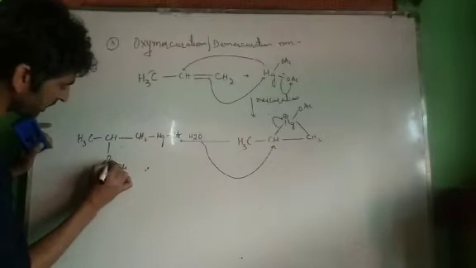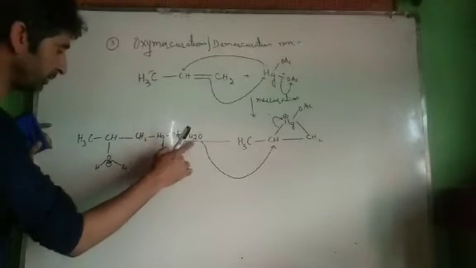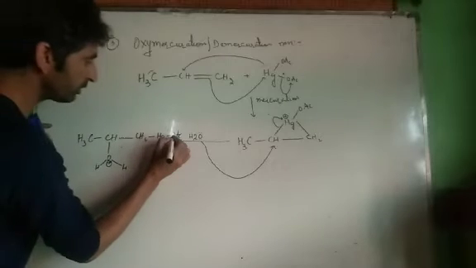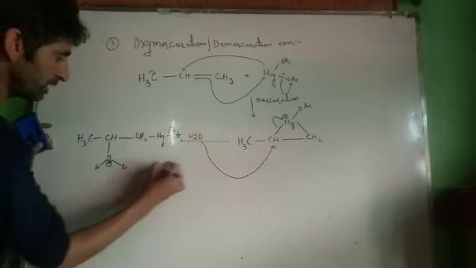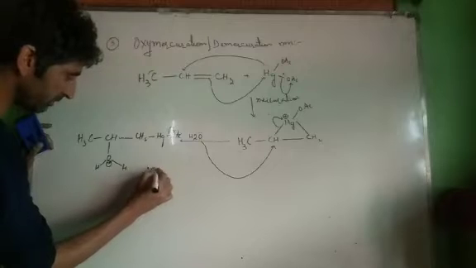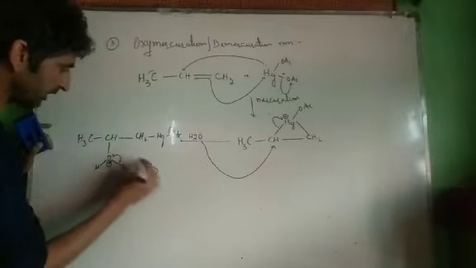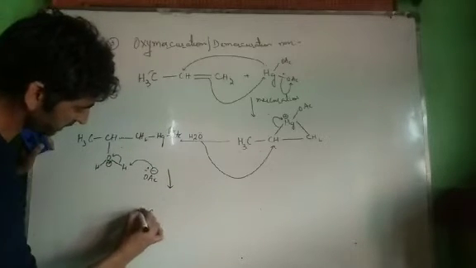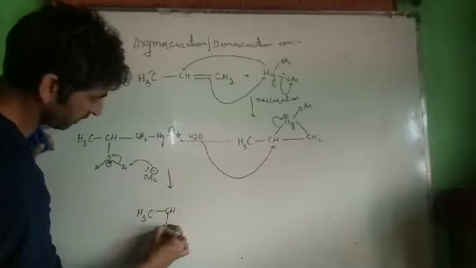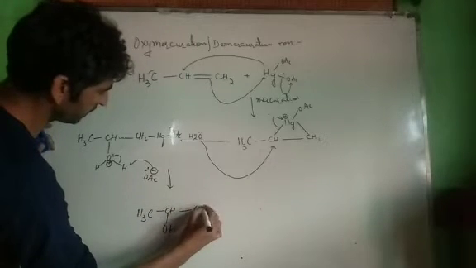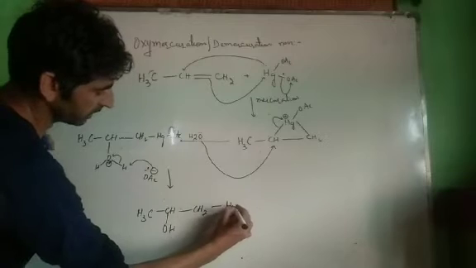Now a positive charge will be created over here because the lone pair attacks. Now what happens? This OAc abstracts a proton and this bond breaks. We get OAc minus, and this OAc minus abstracts this proton. We get what type of product over here? CH3, CH, OH, CH2, Hg.